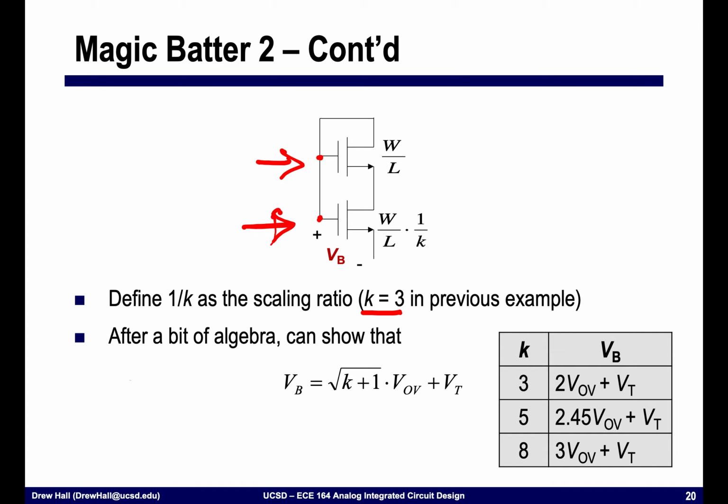Those two conditions tell us that they can't have the same VGS, which means that they both can't be in saturation. So one of these two devices is in triode, whereas the other device is often in saturation, but can be pushed to triode as well, depending on the voltage. Again, you'll get to prove this equation in the homework.